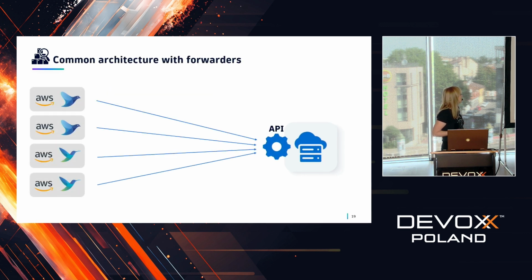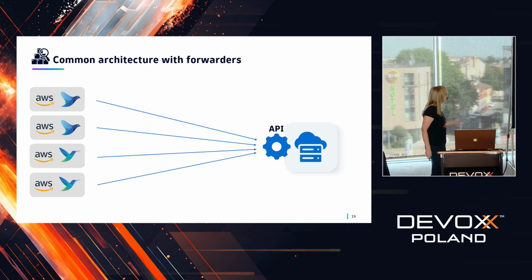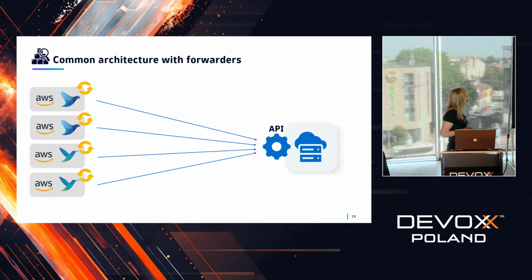So let's take a look at some common architecture that uses those log forwarders. As you can see, we have instances of log forwarders on our end devices. Although it seems to be a pretty simple architecture, it's very hard to maintain, because each change that we would like to make, for example adding a new processing rule or adding a new destination, requires a change on every instance that we have.